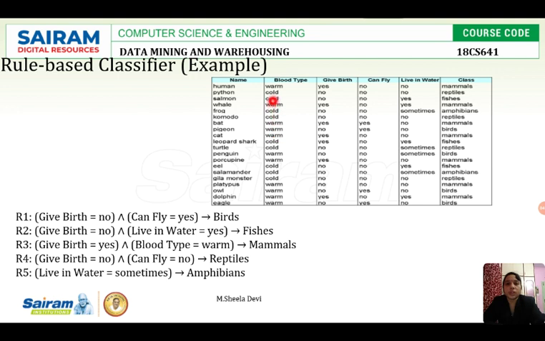So if you study all the birds, you will find these conditions. By studying this data set, we have created the rule that if a creature is not giving birth, it just lays eggs, and it can fly, then it is a bird. So with this data set, we have created the rule.